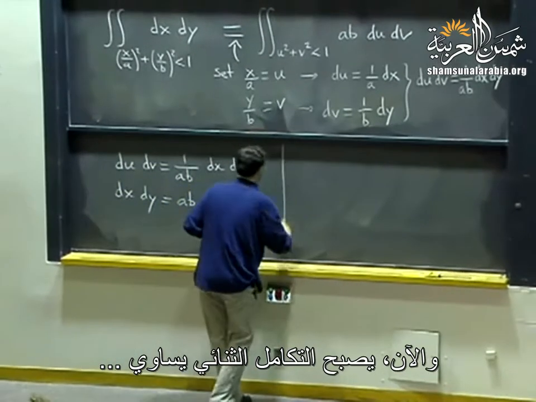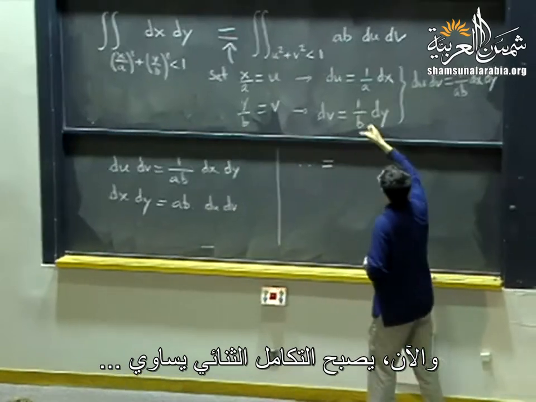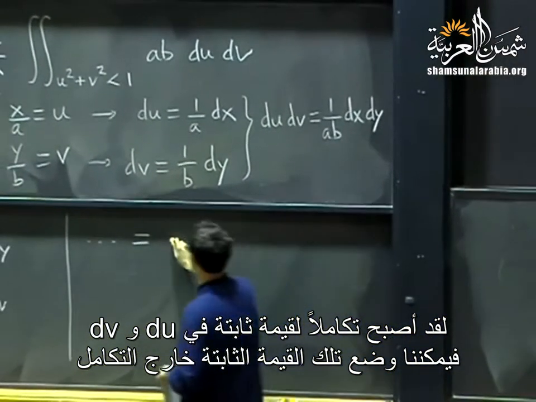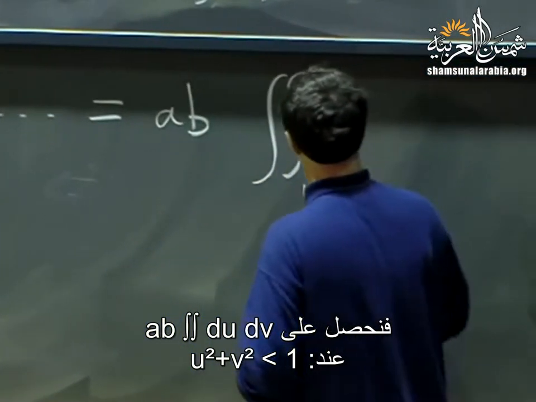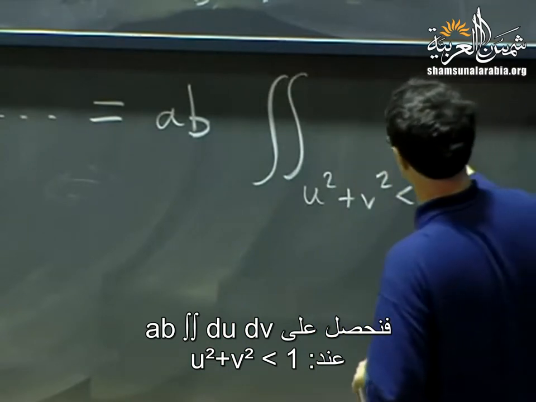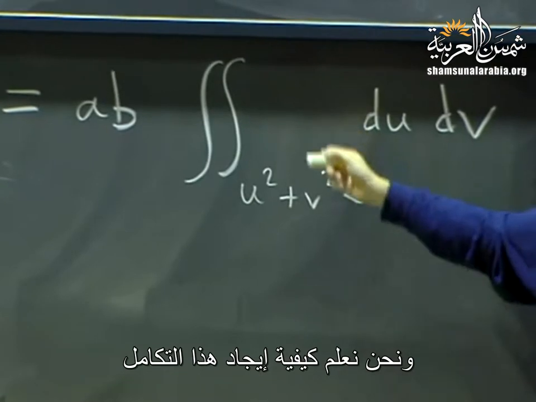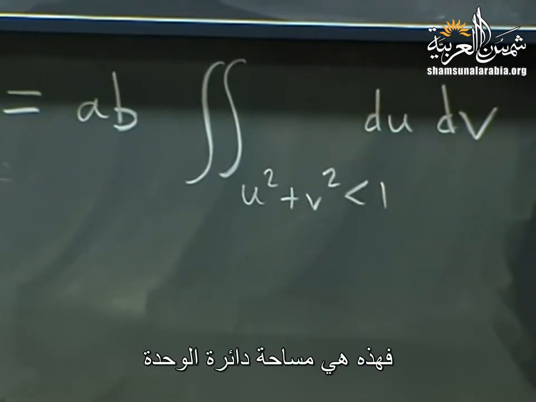Now my double integral becomes the double integral of a constant in terms of u and v, so I can take the constant out. I will get AB times the double integral over u squared plus v squared less than 1 of du dv. And that is an integral that we know how to do, because it's just the area of a unit circle.